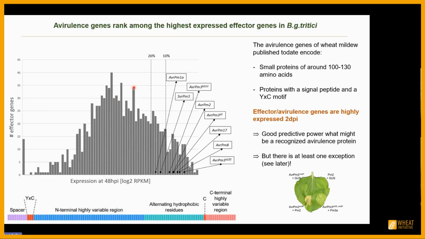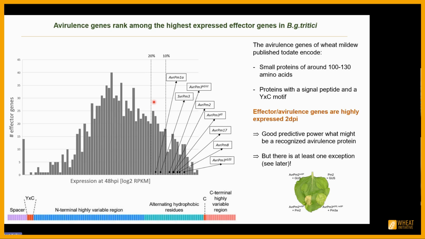What we have learned about these cloned AVR genes, some of which you see here, is this. When you look at the expression after 48 hours of infection, and you plot the number of effector genes and effector candidate genes against the expression level, you can see that basically all the functional AVRs are in the top 20% of all candidate effector genes.